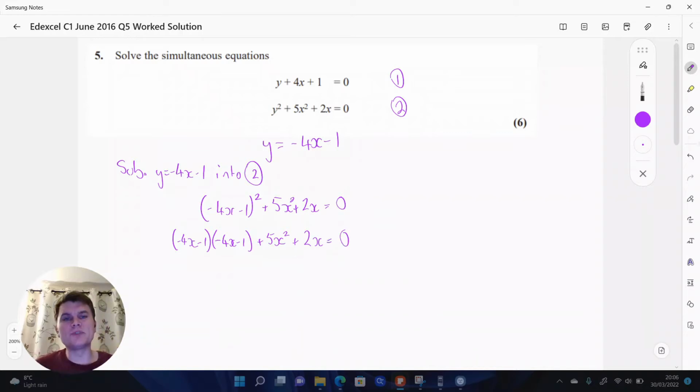And it helps to do it because, again, exam situation, you don't want to make any mistakes. By writing like this, it forces you to expand it as double brackets. So when that expands, 16x squared plus 8x plus 1. And fill in the rest.